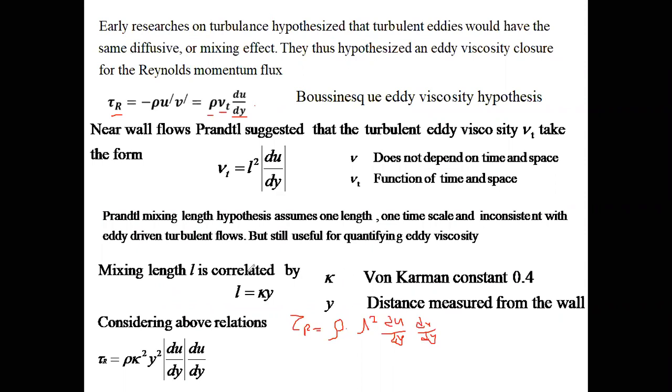Then, according to this equation, we can substitute k y for L. Then we will get tau r equals rho, density, k squared y squared times du by dy squared.